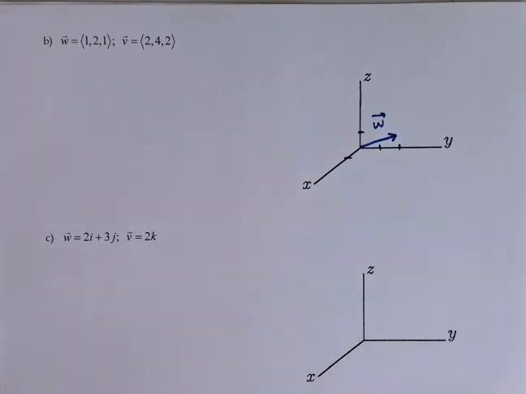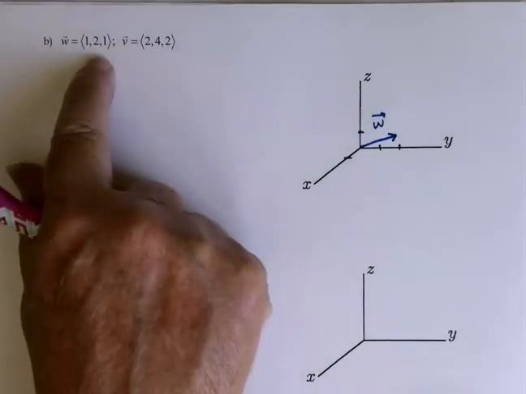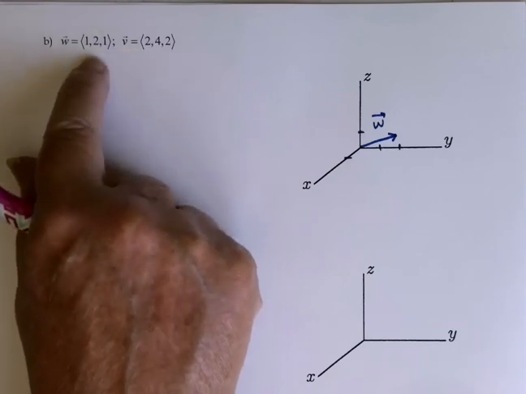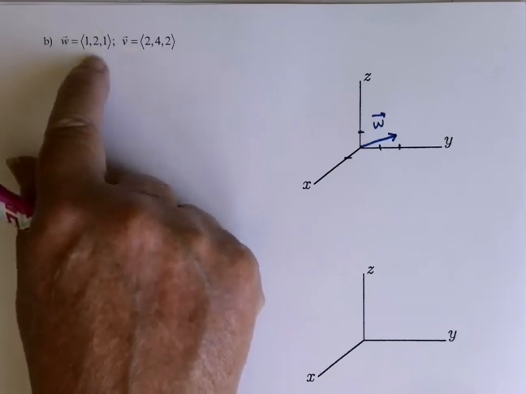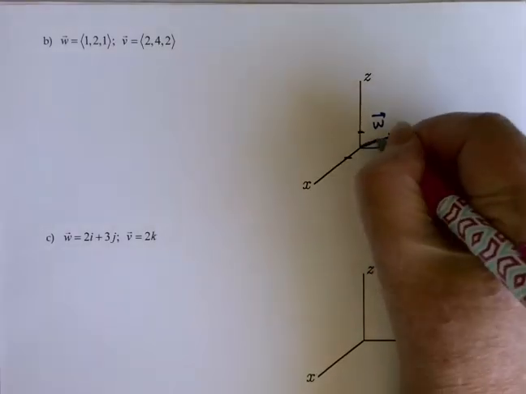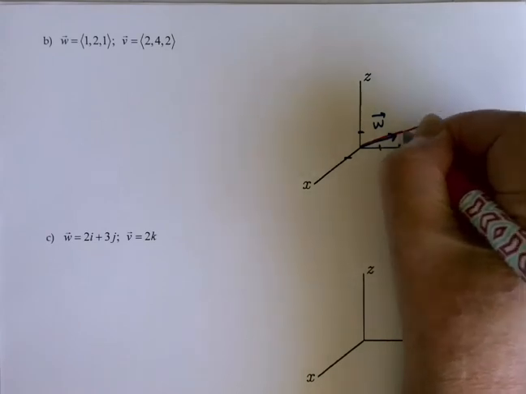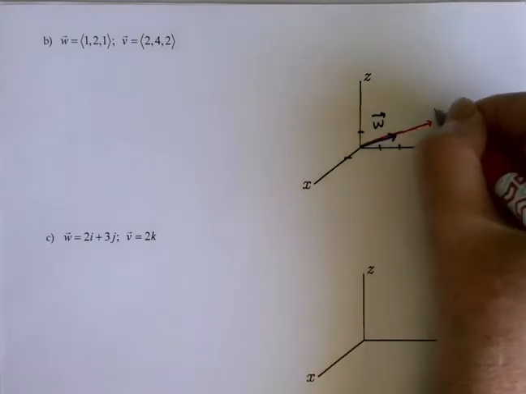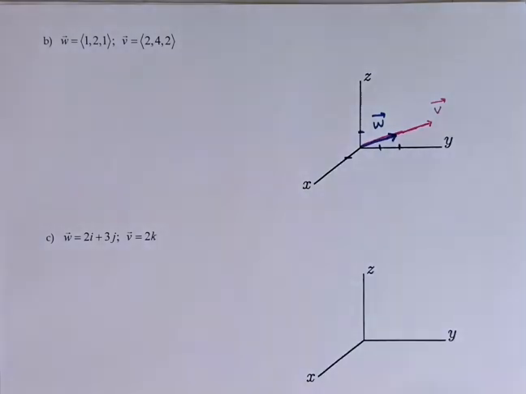Now notice that V is exactly double the value of W. And so V is going to be the exact same direction, but twice as long. So there's V. Same direction, twice as long.